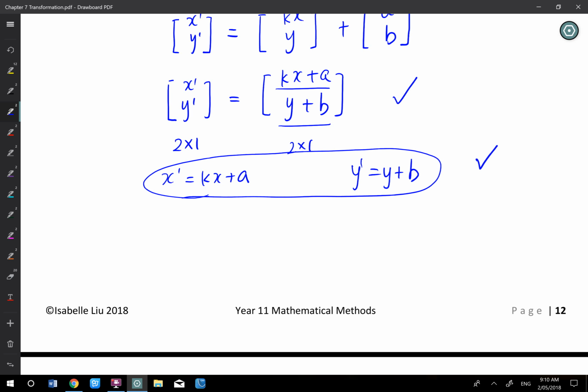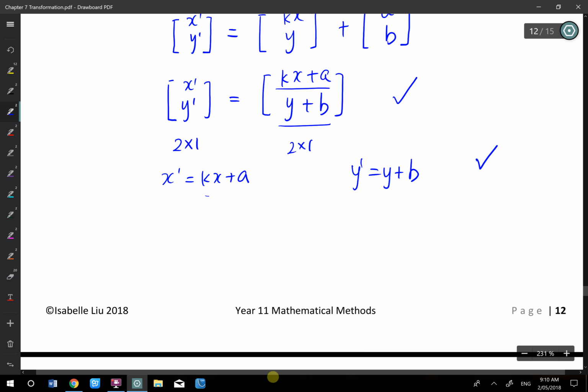When we use the wording description, I achieve x' equals some x and y' equals some y. So the matrix gives me the same thing. That's why the wording description is equivalent to the matrix expression. Now, I want to make x and y the subject. So x equals (x' minus a) over k and y equals y' minus b. Done.